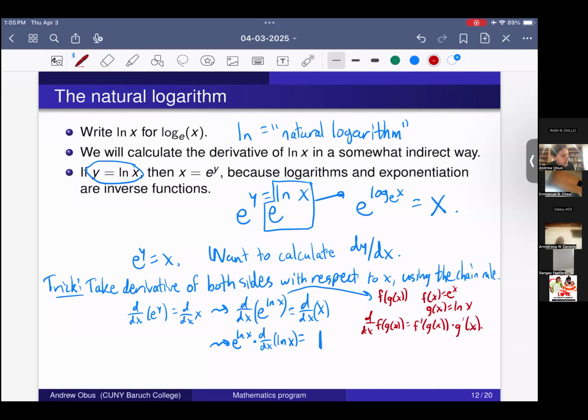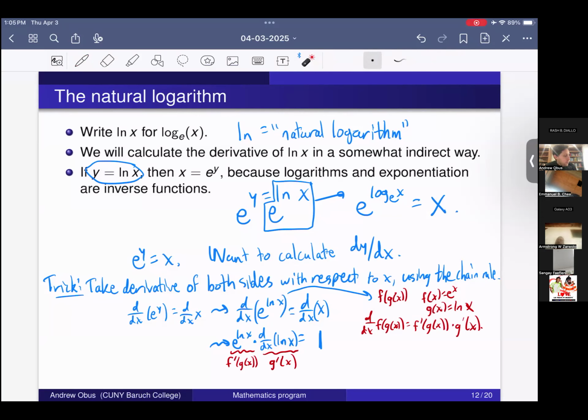That's the chain rule. And f prime, the derivative of e to the x, is just e to the x again, so you get e to the ln of x. That's f prime of g of x. And this part over here is the derivative of ln of x, that's g prime of x. So that's what we did on the left-hand side: we used the chain rule.